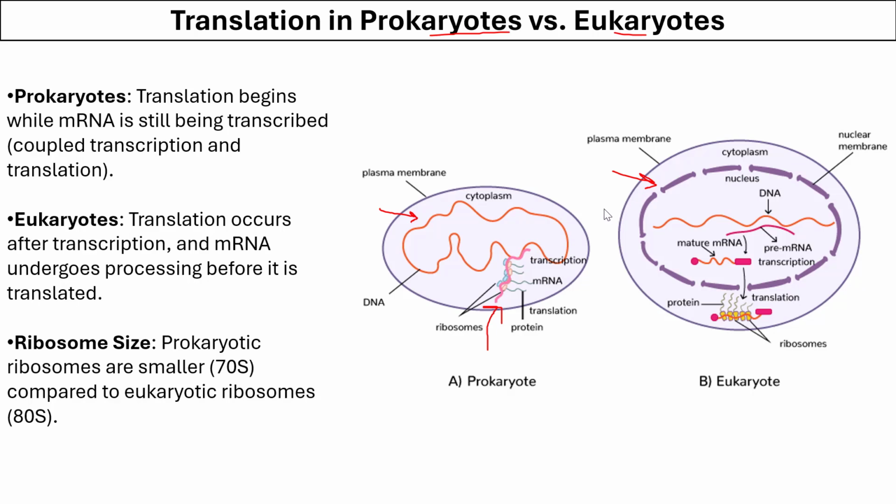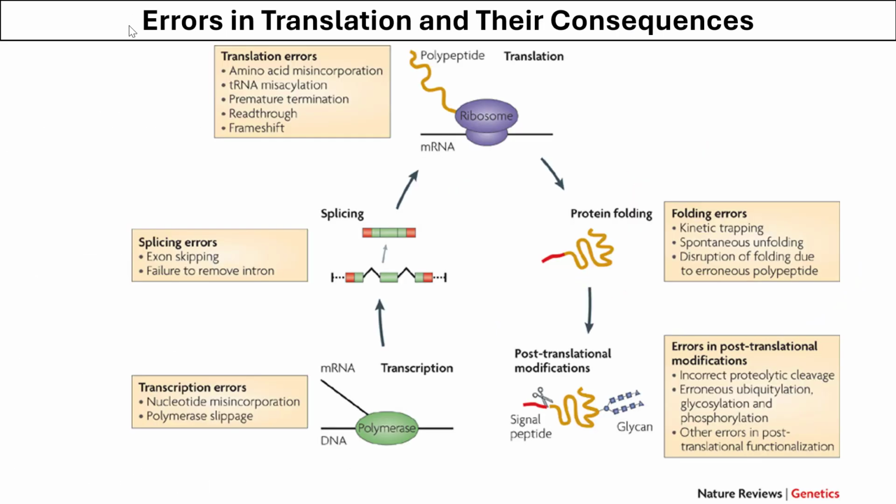Transcription occurs inside the nucleus and translation occurs in the cytoplasm. The goal of transcription and translation is to decode the information in DNA, which is the genetic material, and form proteins. But there are many things that can go wrong. Let's have a quick look at that.